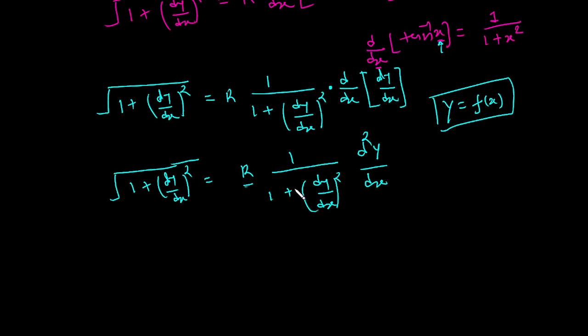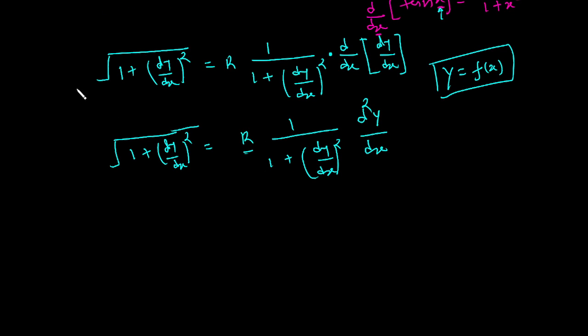Bring all the terms to one side and r on the other side. So r is equal to, now this term and this denominator term are exactly the same, but here we have power 1 half and there we have power 1.